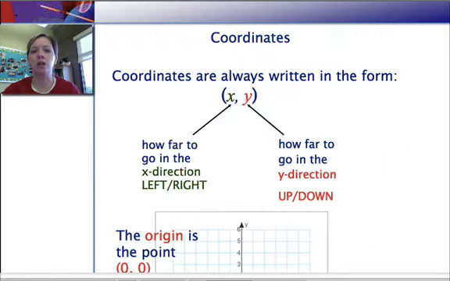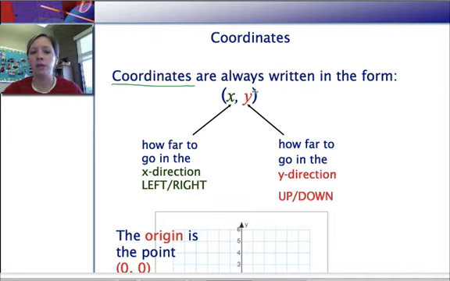Okay? So, hopefully another little piece of review. When we write coordinate points, or the coordinates that help us tell the location of the point, they're always written in the form x, y. The x coordinate always comes first. That tells me how far to go in the x direction, or how far to go left or right.